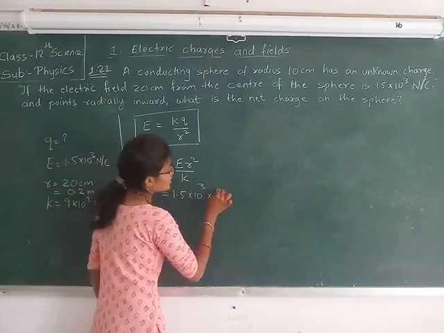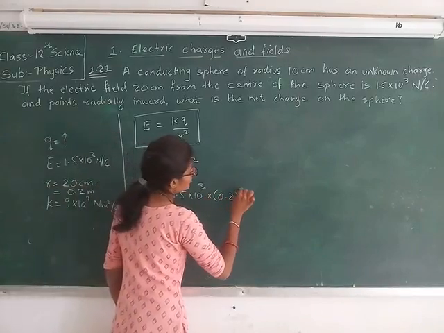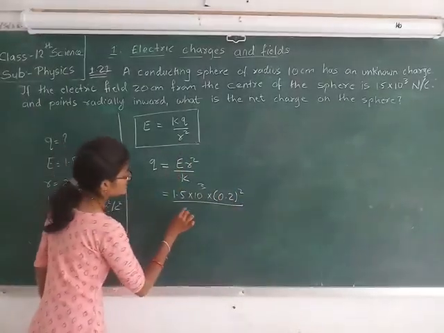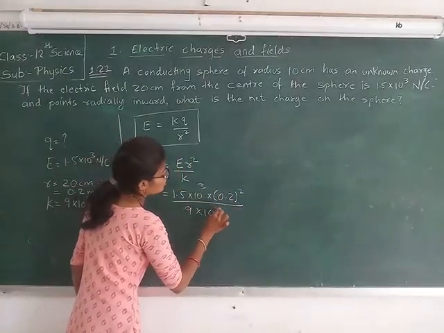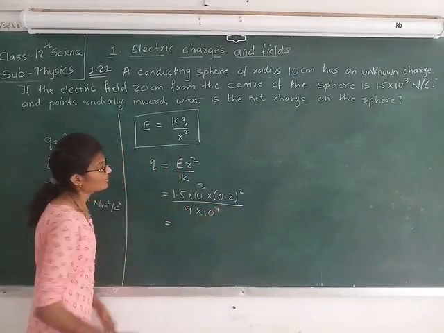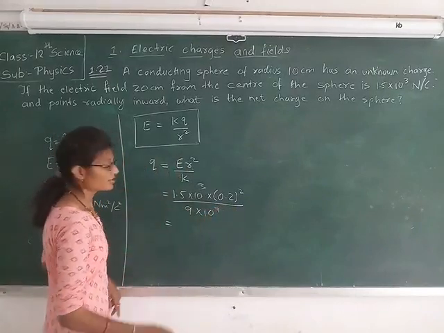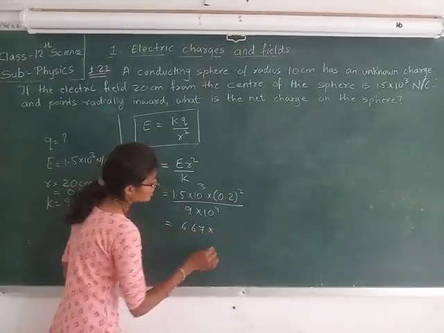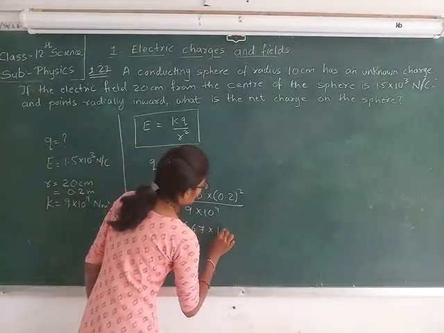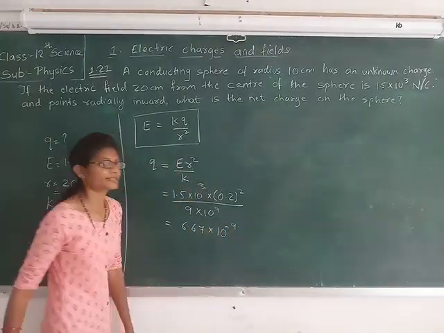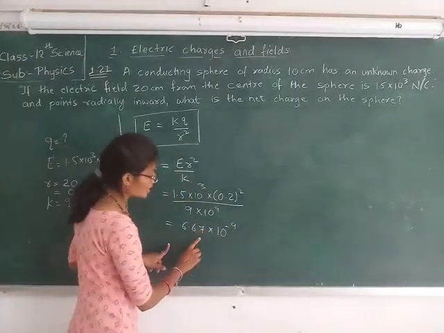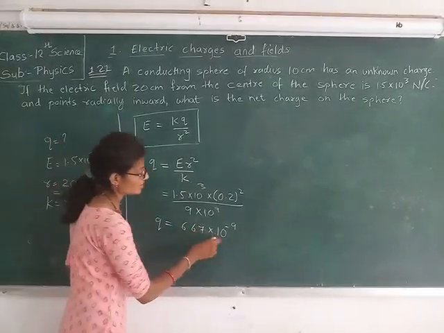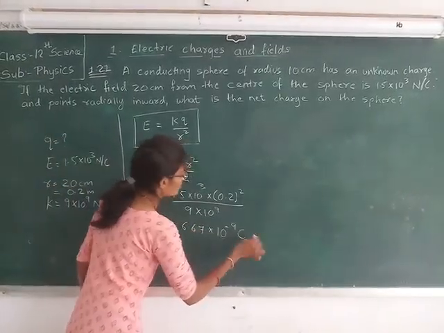We have to take the square of the distance, so 0.2 square, upon the k value, 9 into 10 raised to 9. When we calculate this, we get 6.67 into 10 raised to minus 9 Coulomb.